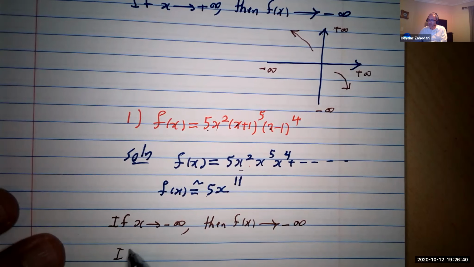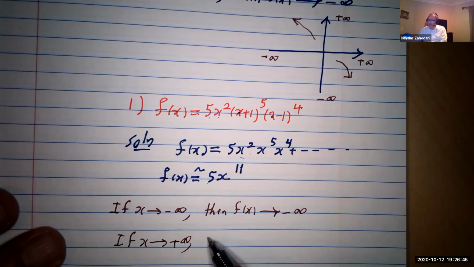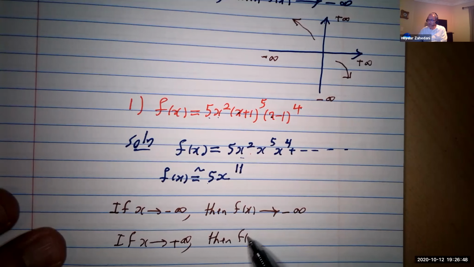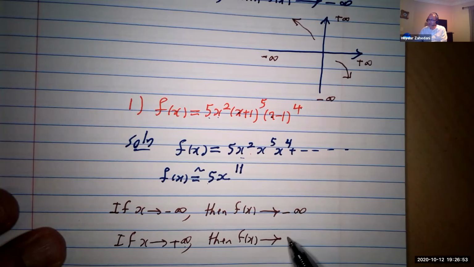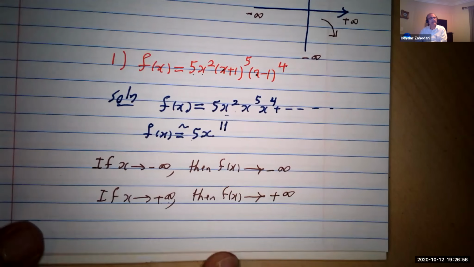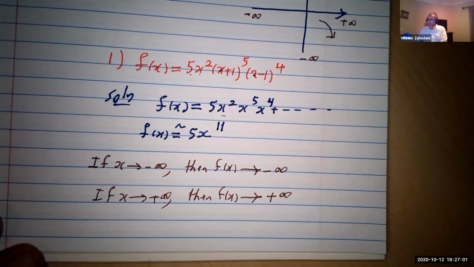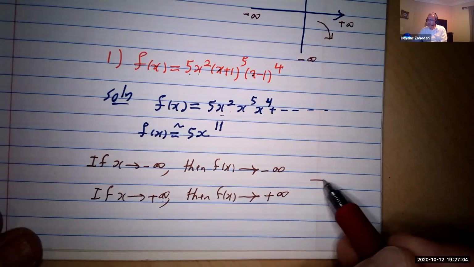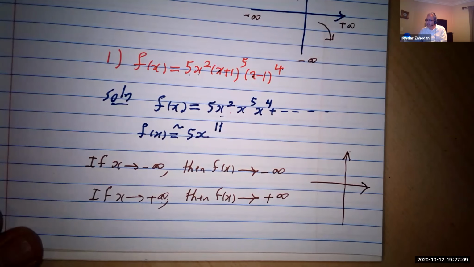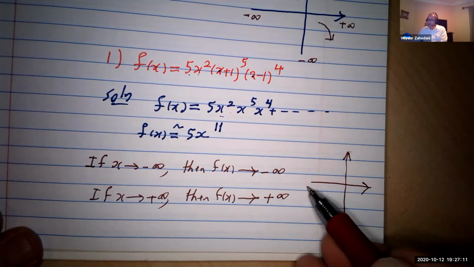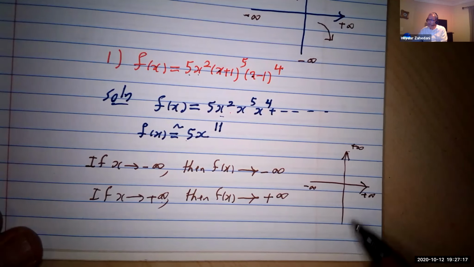And if x goes to positive infinity, then f of x goes to, positive to the 11 would be positive, so the result would be positive infinity. So that's going to be the behavior of your graph when we get to those extremes. If you want to get an idea, this is it. This is negative infinity, and this is positive infinity, the positive up, and the negative down.